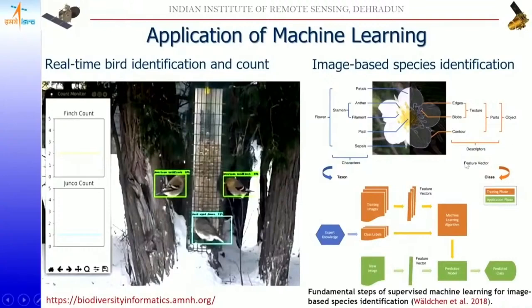So all these taxonomic characters which we see act as feature vectors for the training of a model.